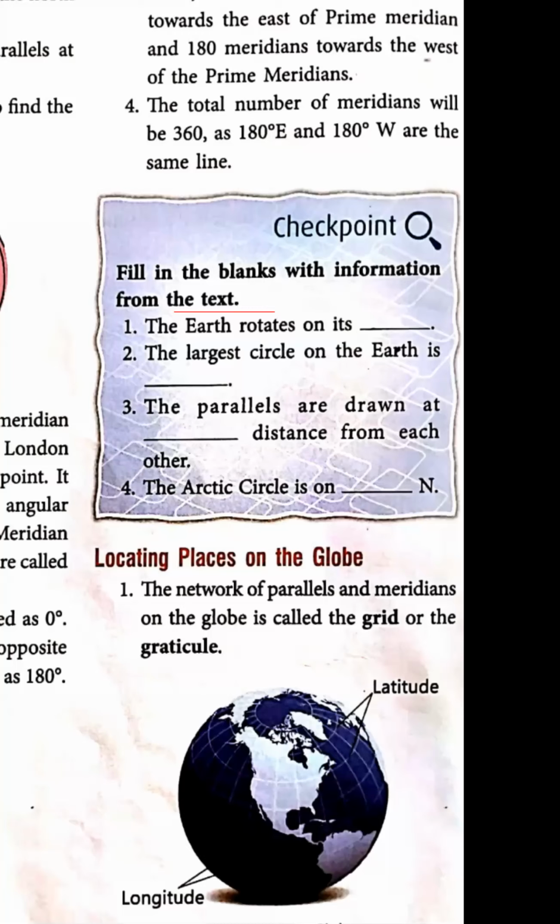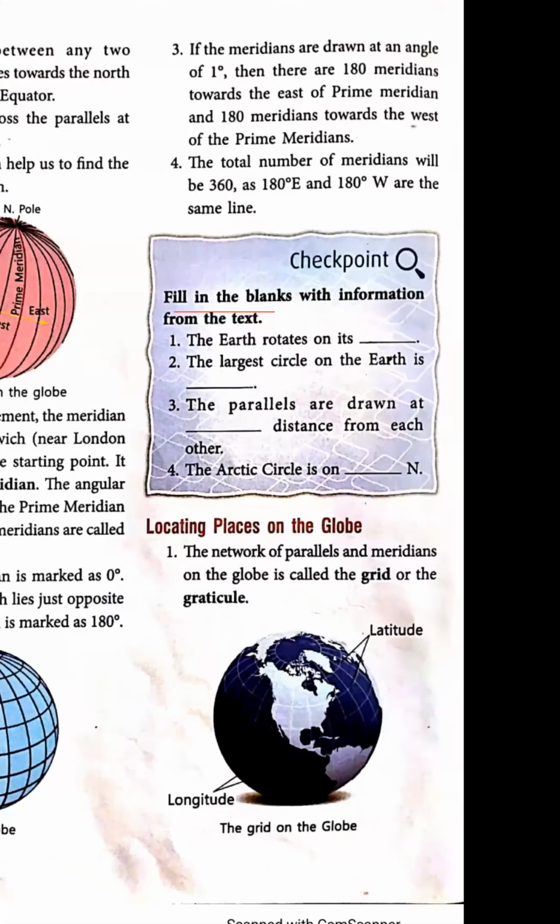Yashasvi? 66 and a half degrees N. The Arctic Circle is in the north direction. N stands for north. The parallels are drawn at equal distance. All the parallels are drawn at the equal distance.